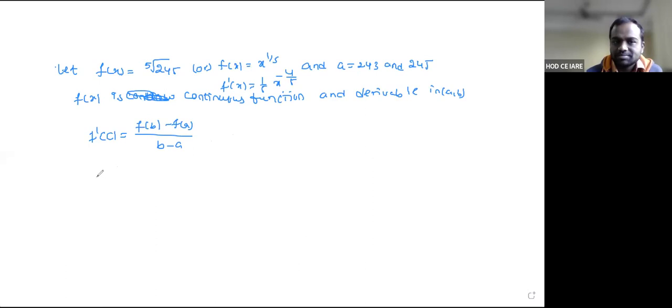So we substitute the values: 1/5 into c to the power of minus 4/5 is equal to f of b, the fifth root of 245, minus the fifth root of 243.